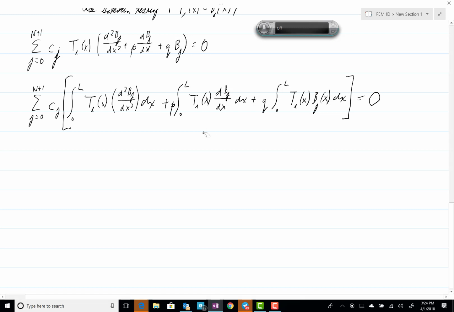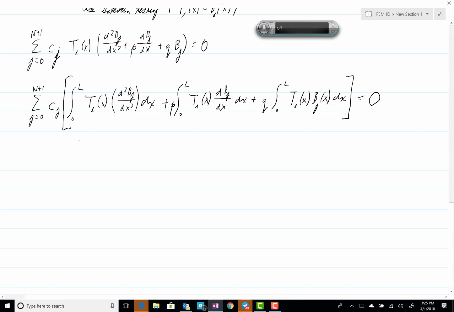But for this first term, we don't necessarily want the d squared b_j dx squared term appearing there because of the delta functions that would arise. And so what we can do there is use integration by parts.